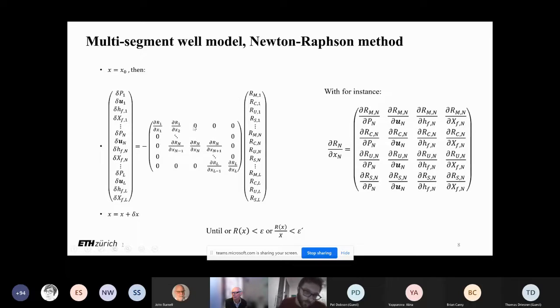And when we make this operation, we find a little increment in the solution that is going to take us closer to finding the 0 of all the residuals.